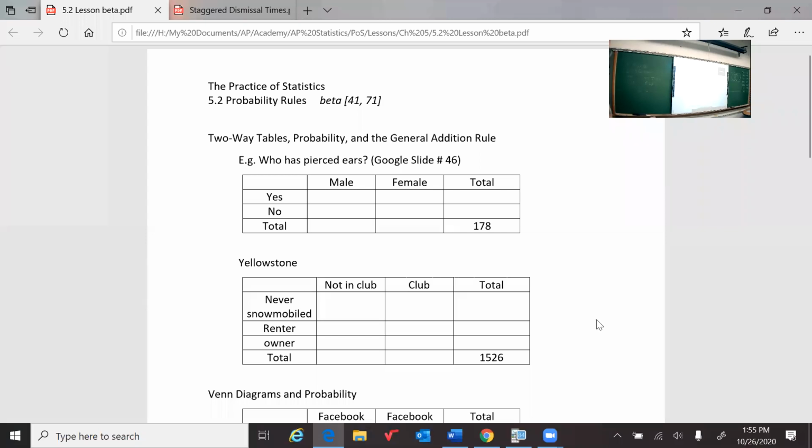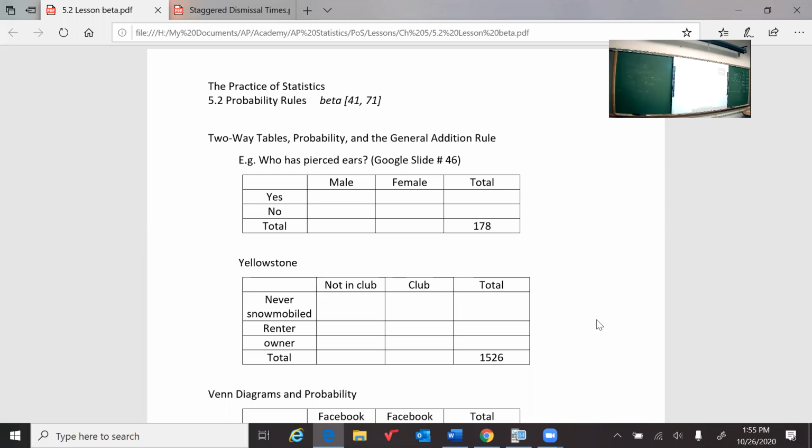So for the example about pierced ears on page 319, they're giving you the total. So they just ask you some questions. But the idea is, when you did the alpha lesson, we referenced Venn diagrams. And Venn diagrams are a helpful way of organizing information. You probably started doing it at ETR. It's the same thing in a two-way table.